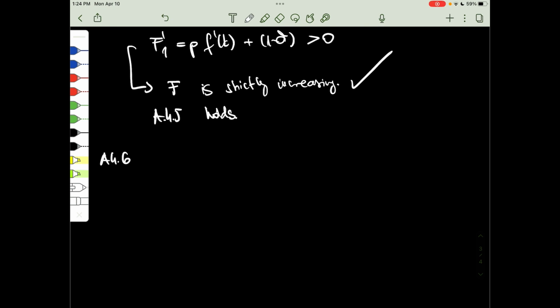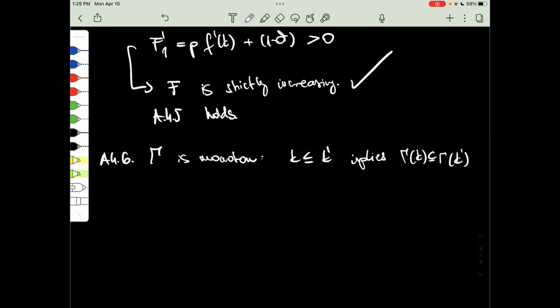Assumption 4.6. Gamma is monotone in the sense that if it is true, then it is implied that it is a subset of gamma at the higher value of the state.